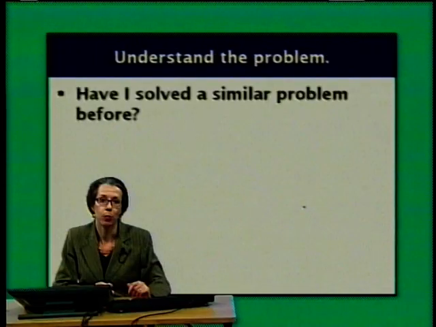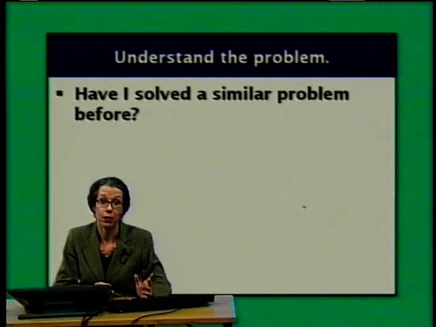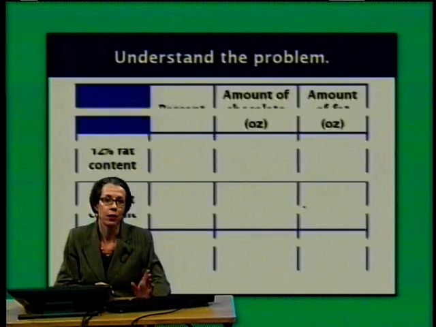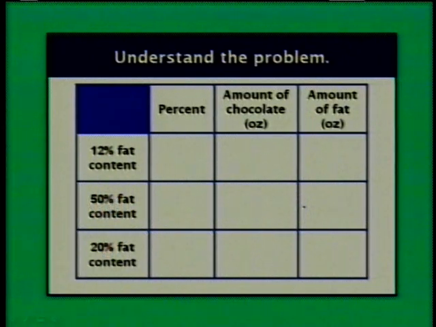So to understand the problem, we want to ask, have I solved a similar problem before? Well, really, this is exactly the same problem Marcus had in the chemistry lab when he couldn't find the percent of saline solution that he needed. So we can start by creating a table. And we know that we want to end up with 50 ounces of the moderate fat content chocolate.